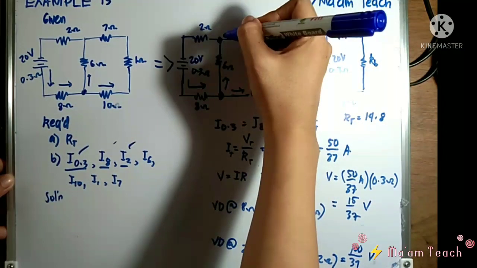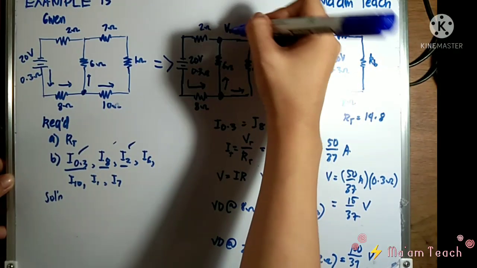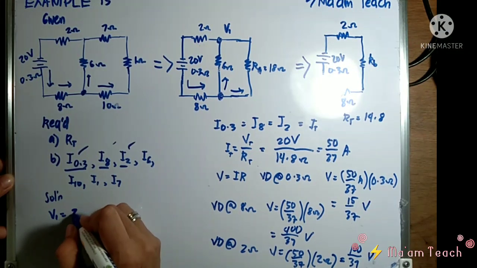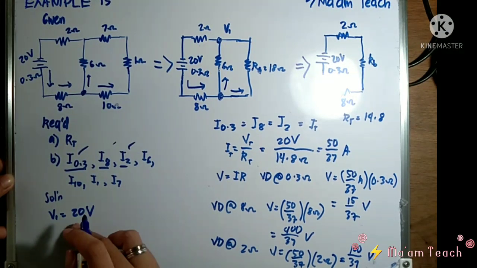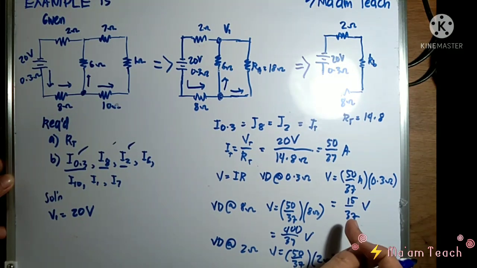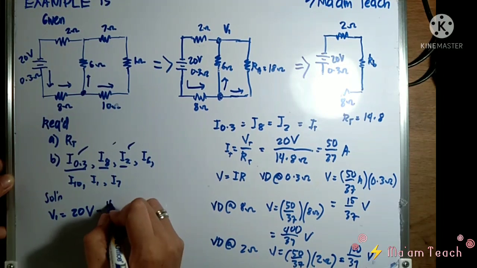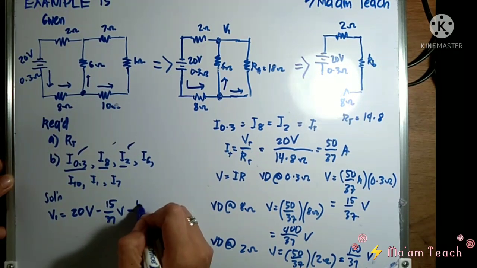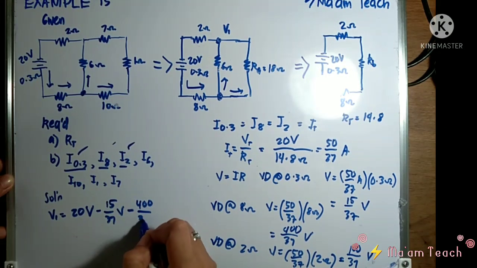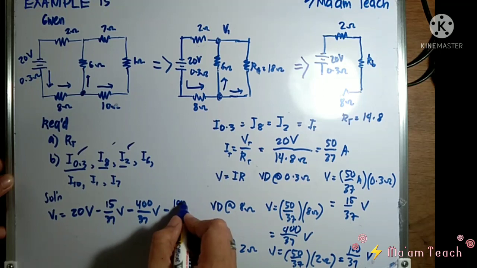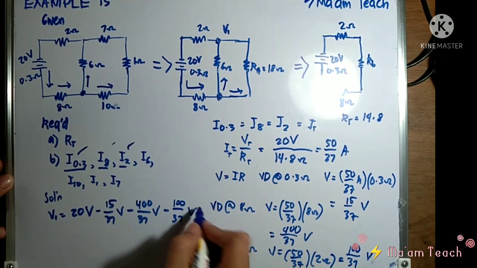So, let's name that the voltage at this point is, let's say, V sub 1. To solve for V sub 1, simply subtract from the source the voltage drops here. So, we have 15 over 37, 400 over 37, and 100 over 37.